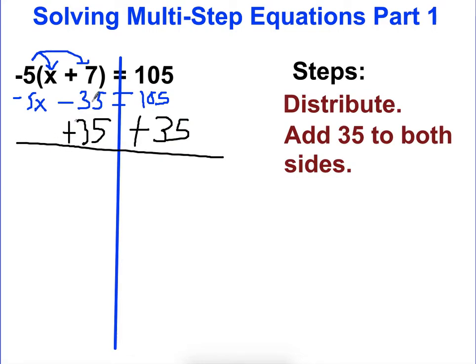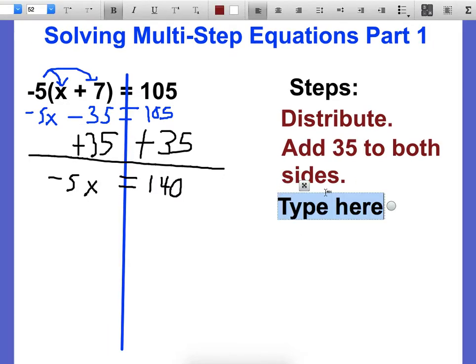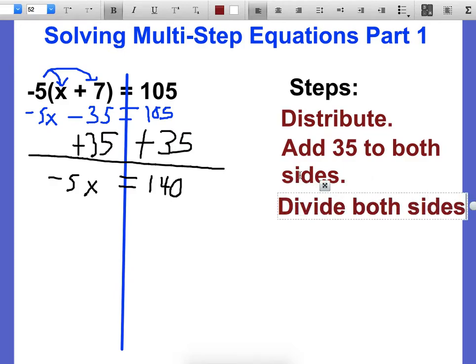Then these are inverses, so I just have negative 5x. And then on the right side, I have 140. And now negative 5 is the coefficient of x, so I'm going to divide both sides by negative 5.